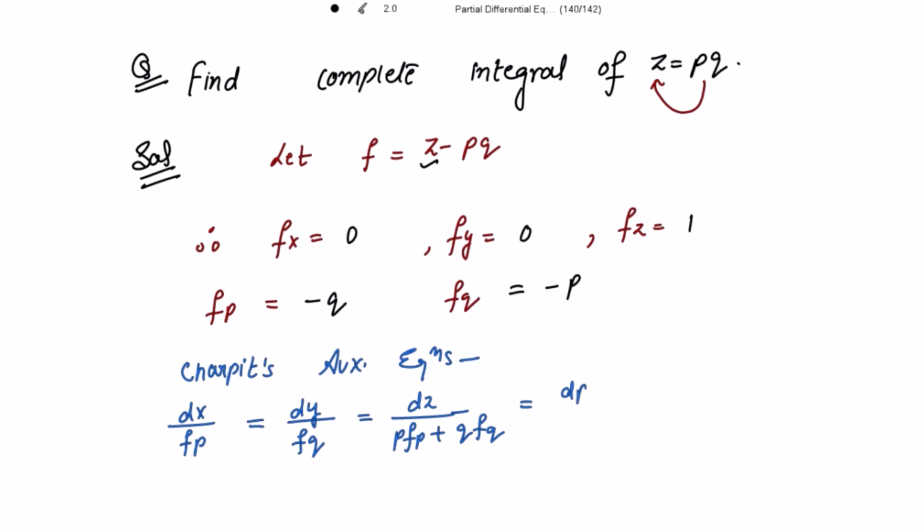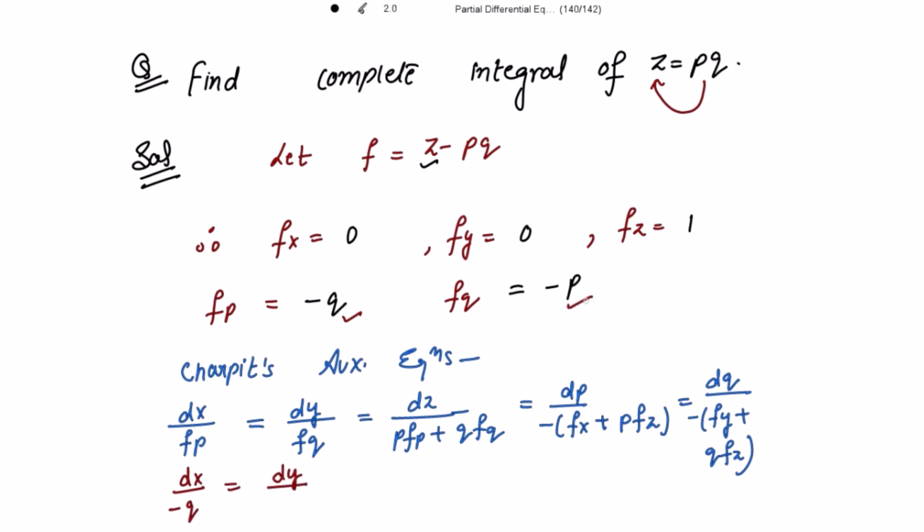It is very easy to remember. Then dp divided by negative of fx plus p times fz. Here I am having p, so multiply p with fz. Similarly, dq divided by negative of fy plus q times fz. Okay, dx divided by fp is minus q. dy divided by fq is minus p.